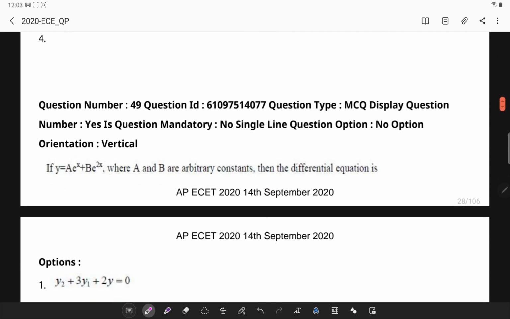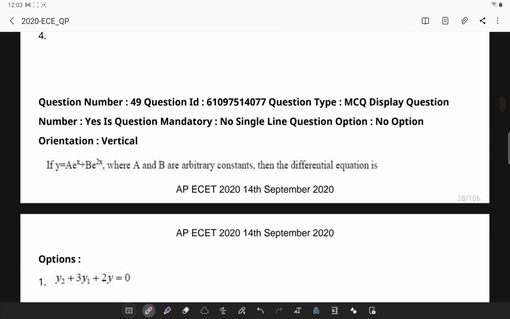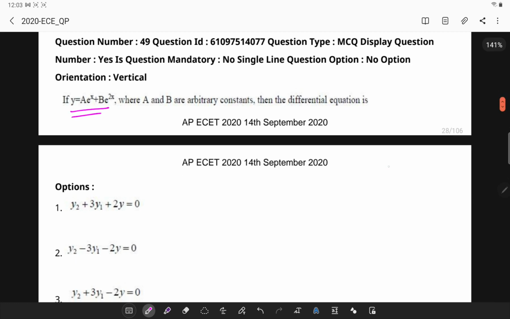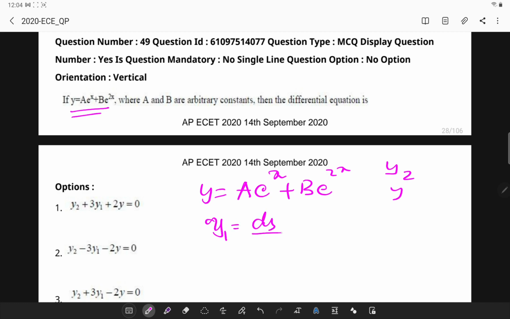So this equation is also similar. Whenever you have this sort of equation, do the derivative at least for y2 and y1. As y is a e power x plus b e power 2x, y1, which is dy by dx, is a into e power x plus 2 into b into e power 2x.